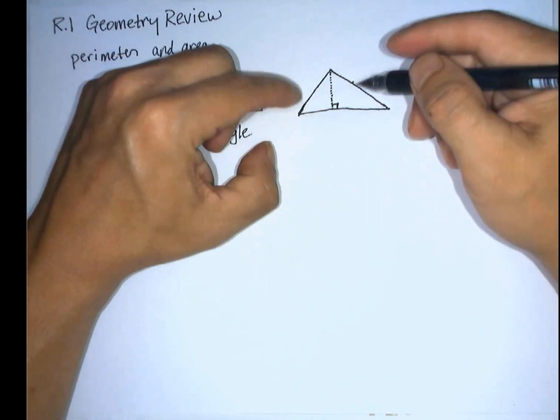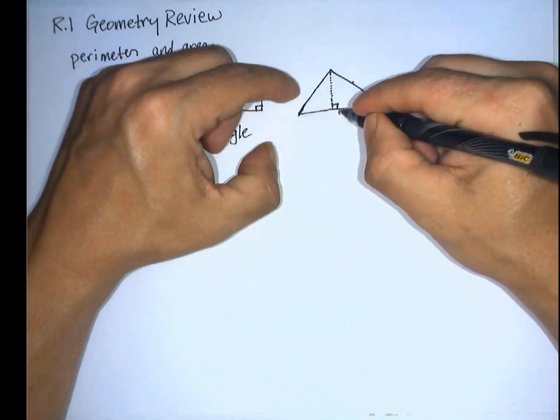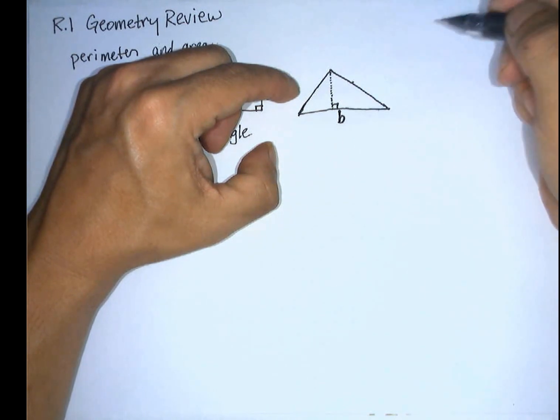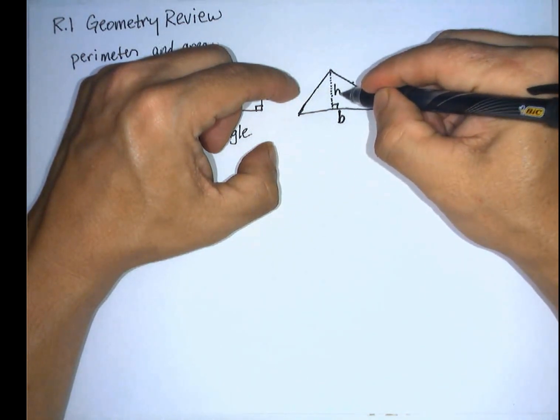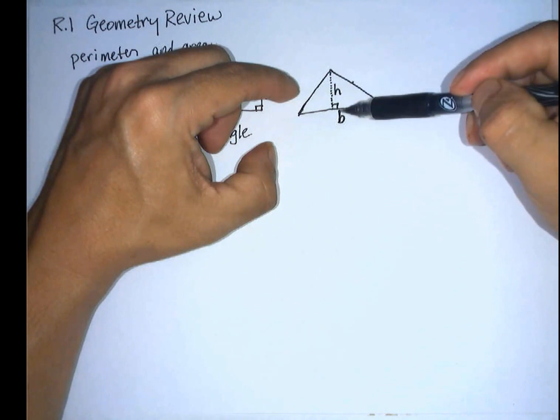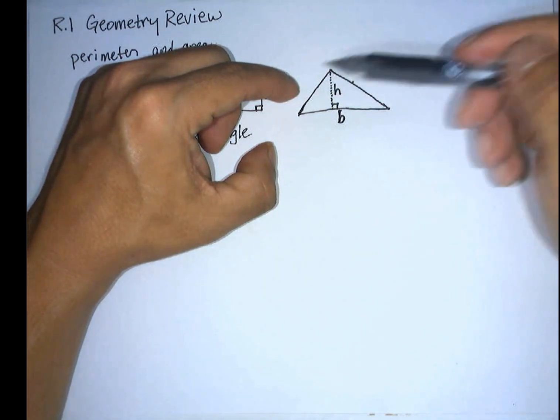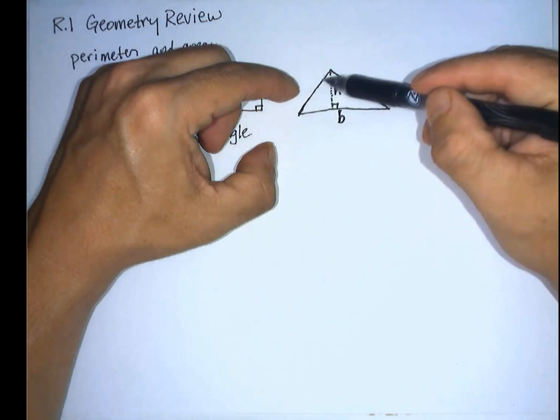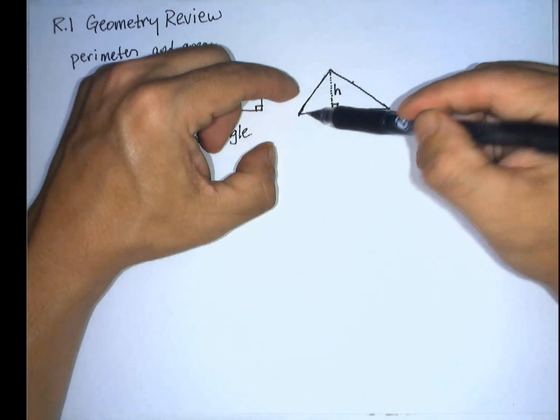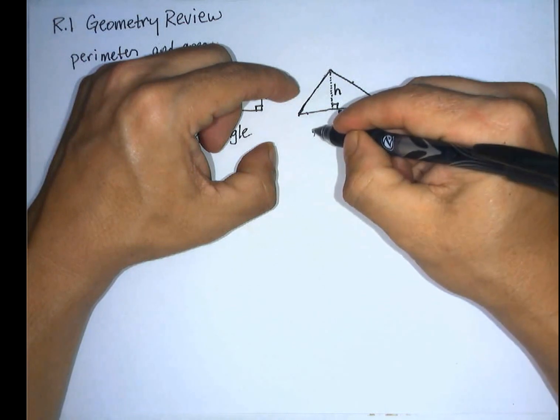This is not an equilateral triangle. But what's important is the base of the triangle and the height of the triangle. And the base and the height meet at a right angle. That's important. So this side is never going to be the height because it doesn't meet the base at a right angle. And this is a triangle.